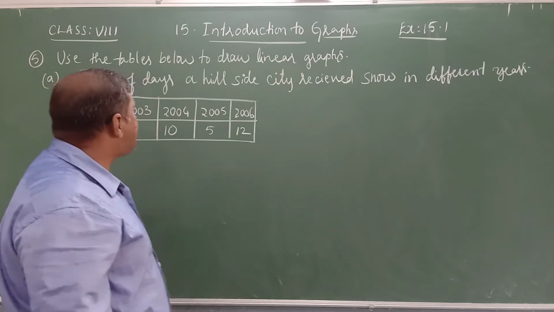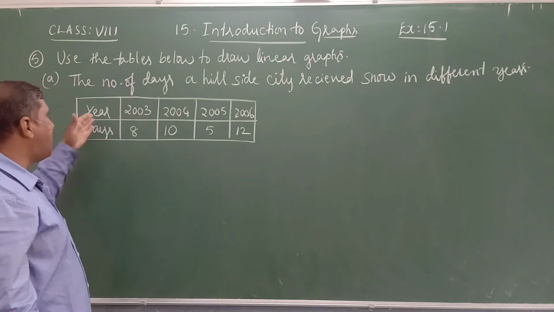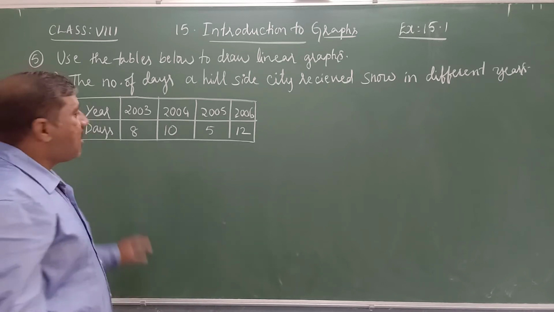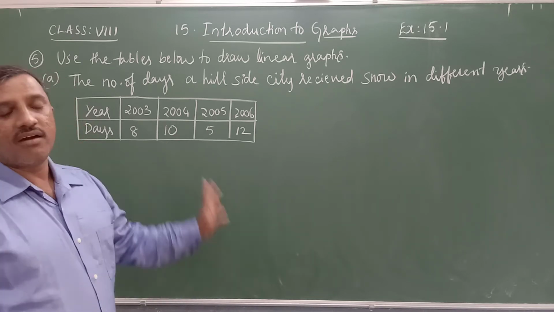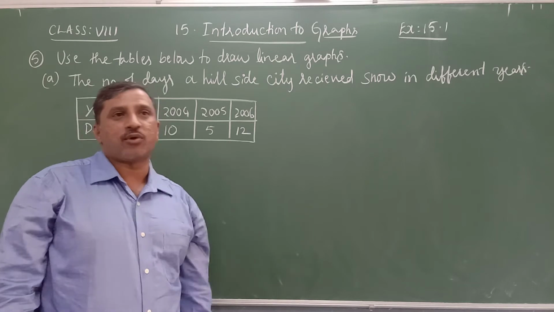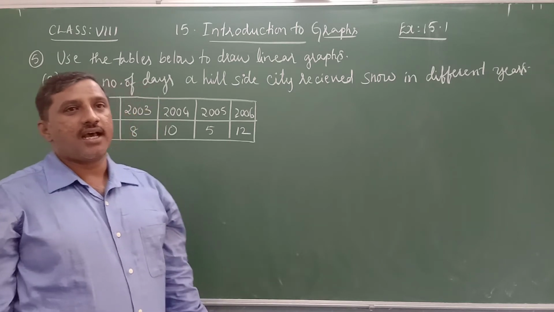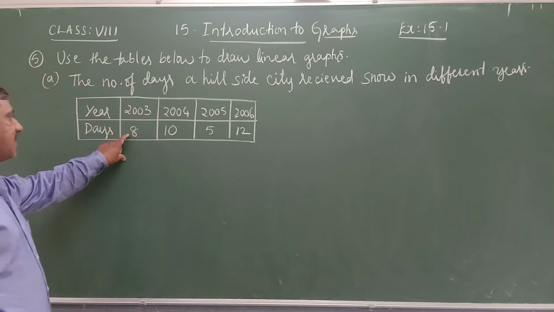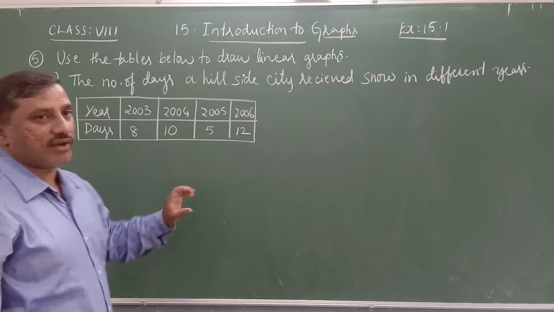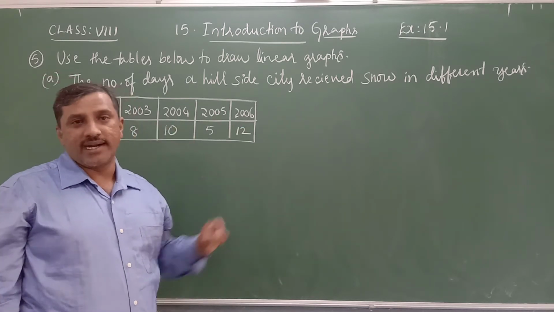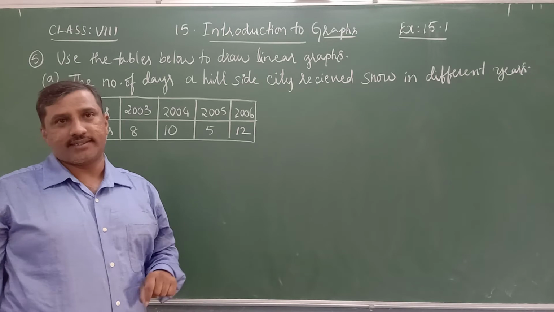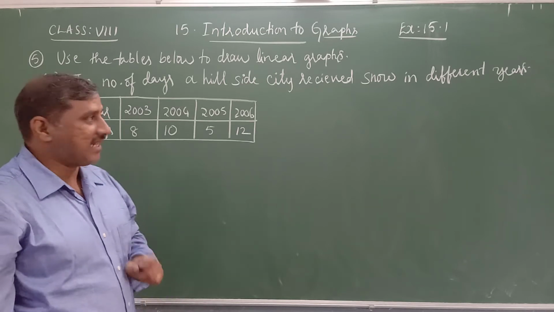And we will represent here, for this question, years on the x-axis and number of days on the y-axis, and choose the proper scale. Then represent these values, that is the days 8, 10, 5, 12, in the form of points. Then join those points, we will get a line graph.